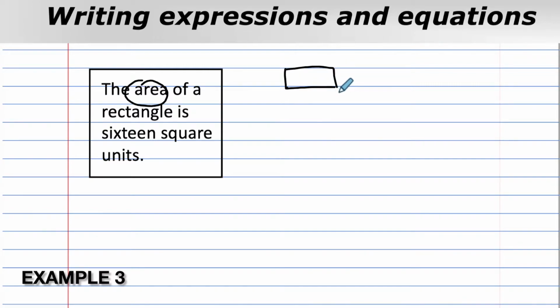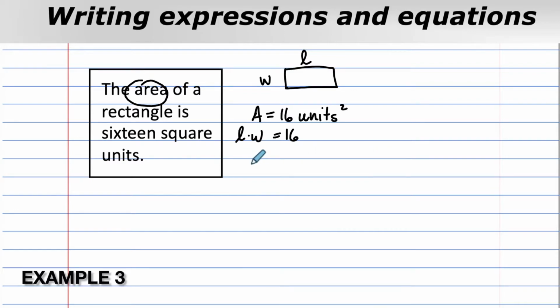We have a rectangle where the shorter side is w and the longer side is L for length. Area is 16 square units. Area is also length times width. And so the equation that we can write is simply length times width equals 16.